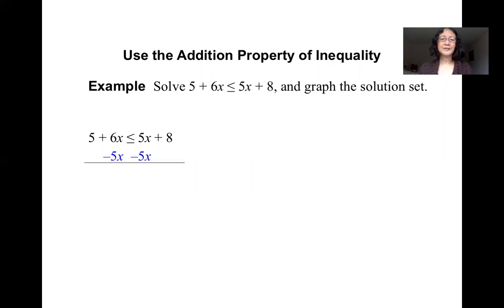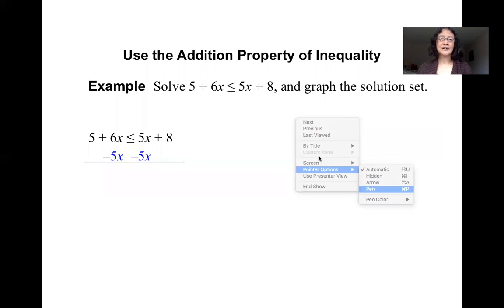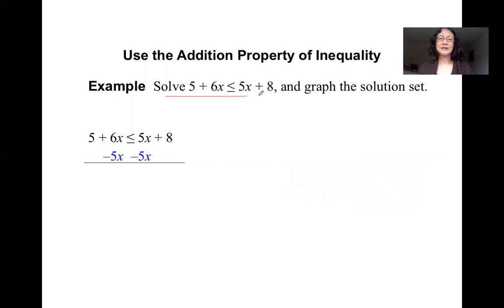Next, let's solve this inequality and use the graph.